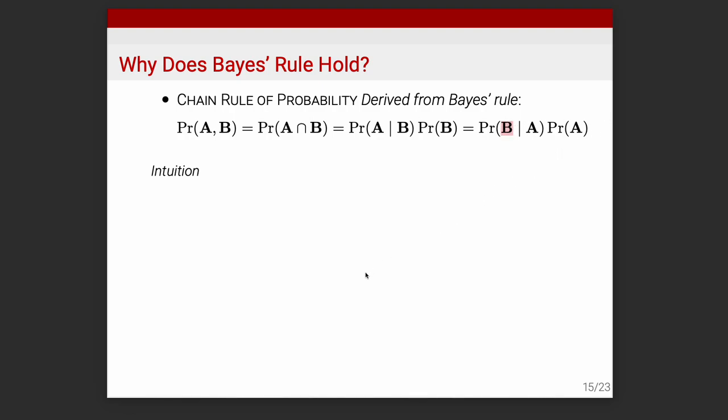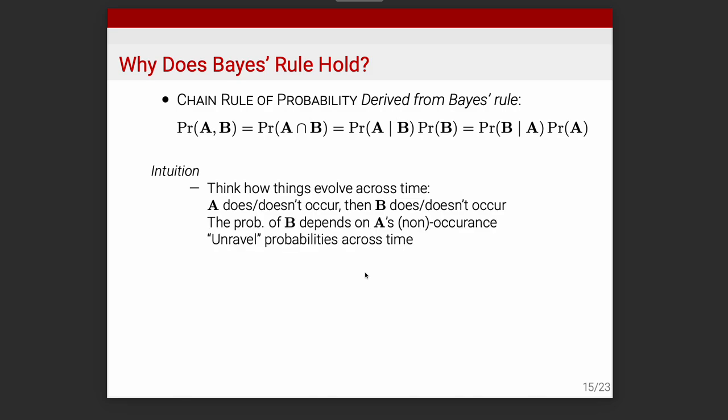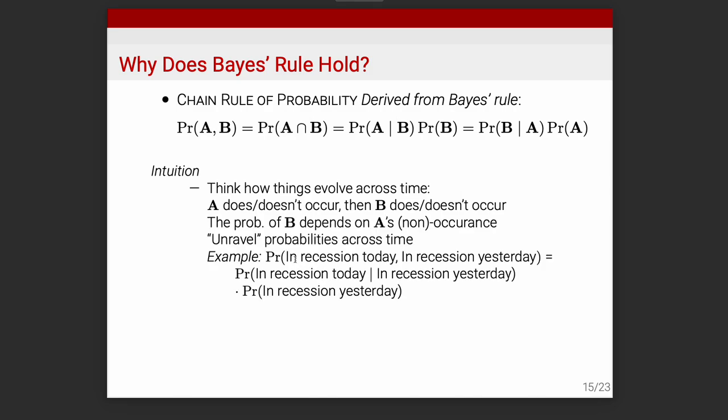It looks a little bit abstract, but we can break it down extremely simply with a certain example. The basic idea here is that the probability of a recession today and a recession yesterday is equal to the probability of a recession today given a recession yesterday, times the probability of a recession yesterday. So there's a certain sense in which you can unravel probabilities.